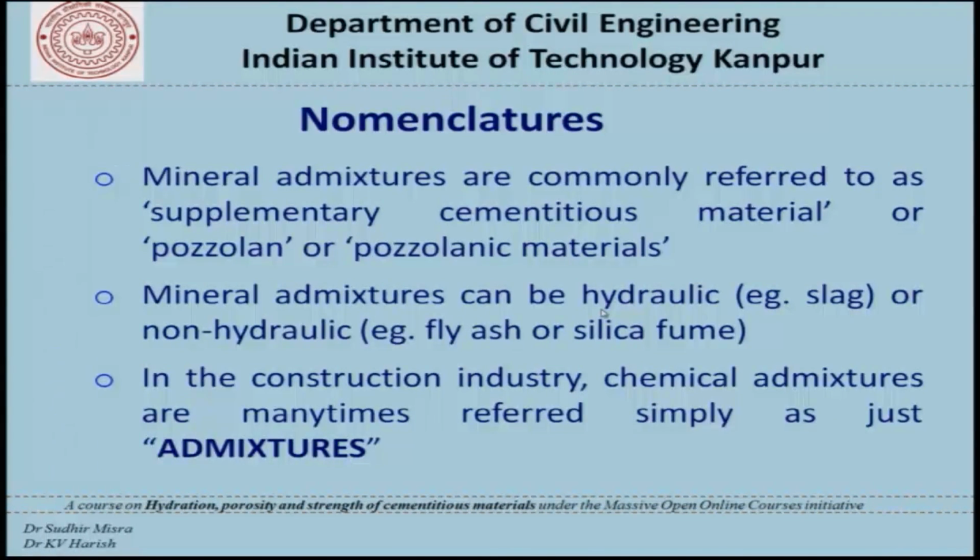A typical example of a mineral admixture that is hydraulic is slag, and one that is non-hydraulic is fly ash or silica fume. Remember that in the construction industry, chemical admixtures are many times referred to simply as admixtures. So, whenever the word admixture is used, it is usually considered for chemical admixtures.